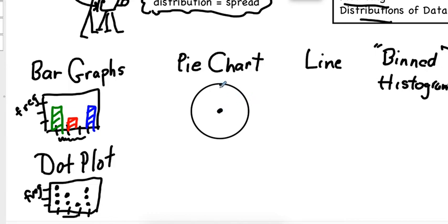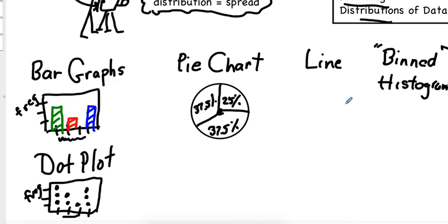So if I gave you a segment that looked like this, you would say, hey, that's 25%. That's 1/4 of the circle, right? And if I took the rest of the circle and divided it in half, well, that's 25 away from 100. That's going to leave 75 between these two. Half the 75, 37.5%. So when you're looking at a pie chart, there's a little bit of math going on in the background, but that doesn't usually get in the way of you understanding what the pie chart is.